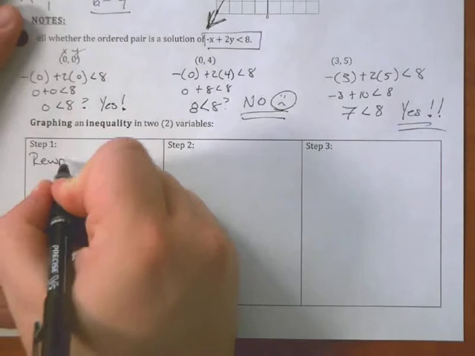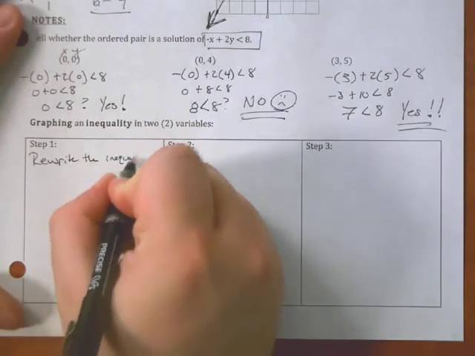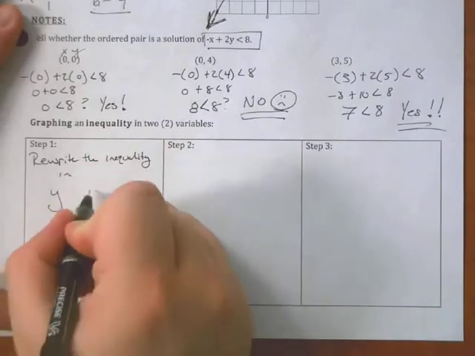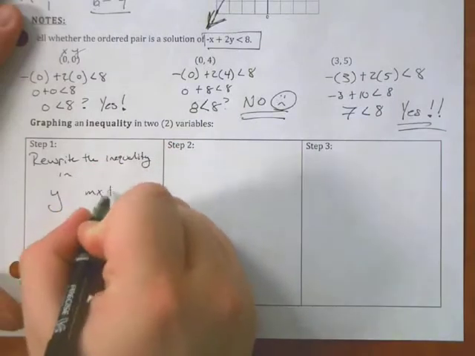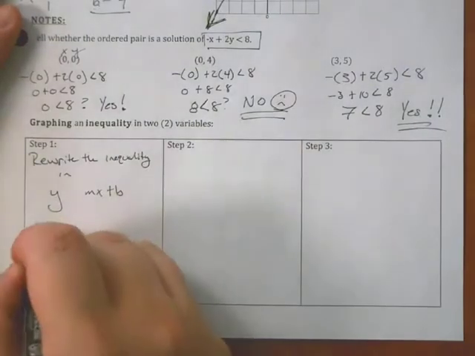we're going to rewrite the inequality in mx plus b, or what's called slope-intercept form.